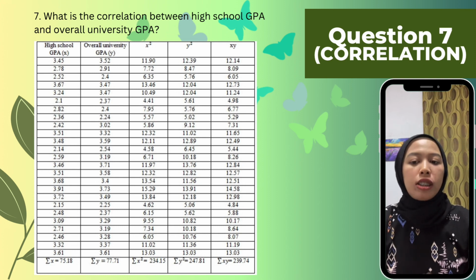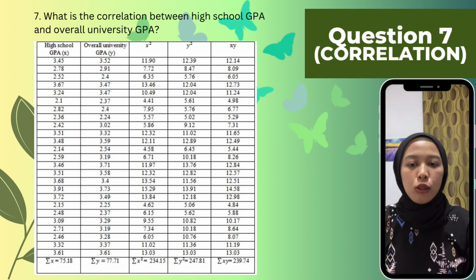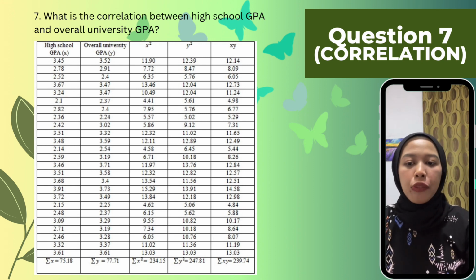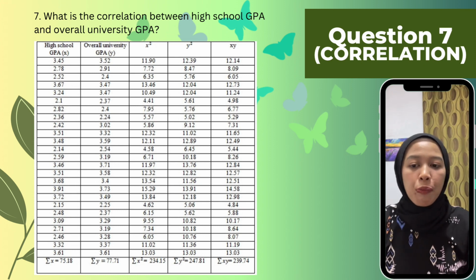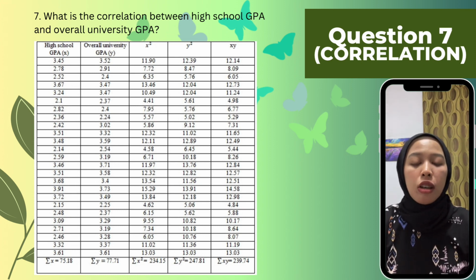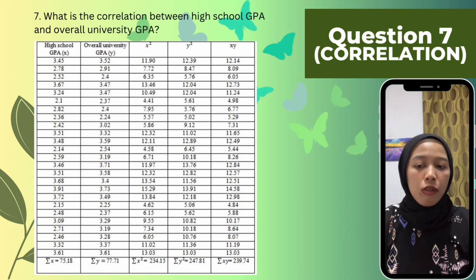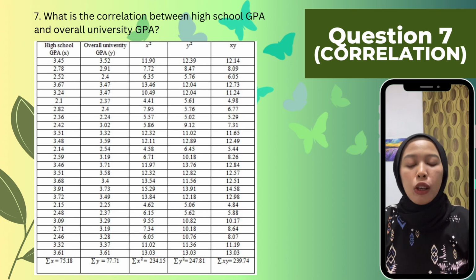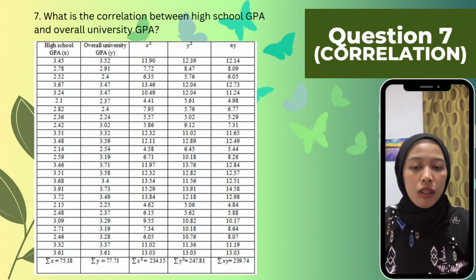So, question 7 shows what is the correlation between high school GPA and university GPA as a whole. To get the correlation between these two, we need to make a table to calculate the whole. The total number of high school GPA is 75.18, while the overall university GPA is 77.71.